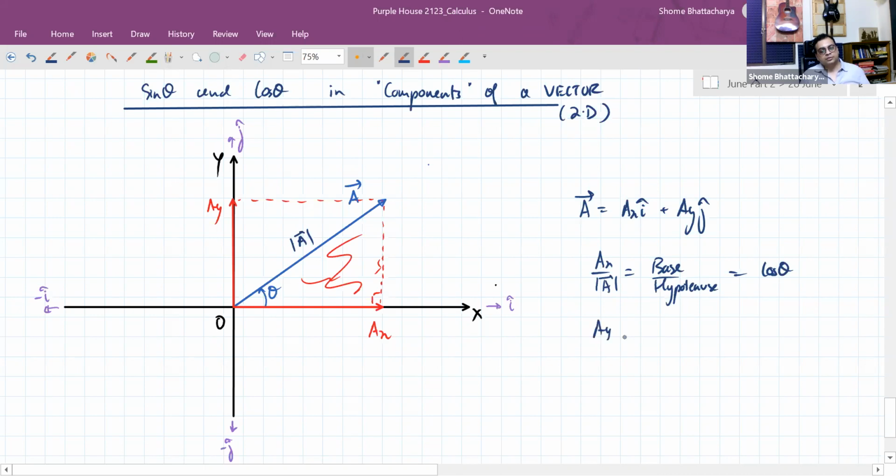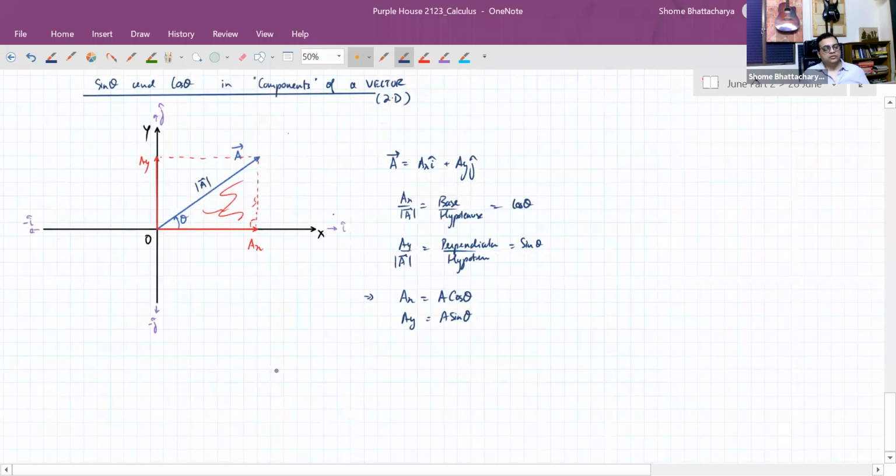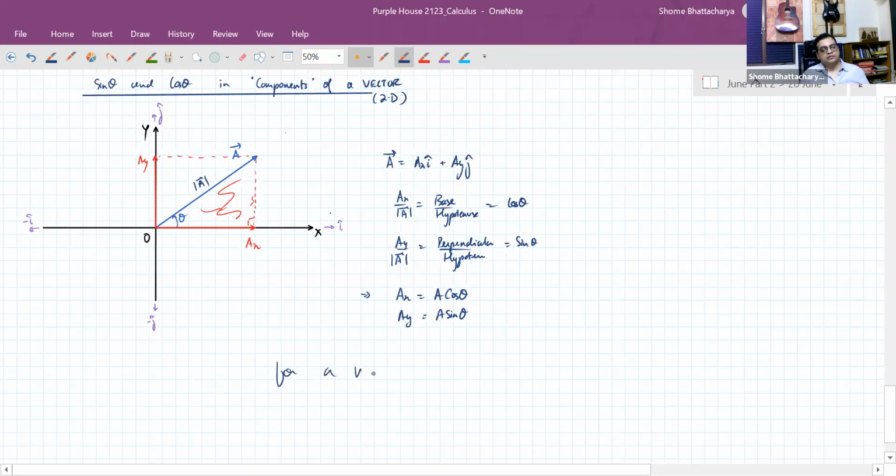And AY upon mod A becomes the perpendicular divided by the hypotenuse, so that becomes sine theta. So this is a new way of relating cos theta and sine theta. What that also means is that if I consider a vector of unit magnitude, it means magnitude equal to 1.